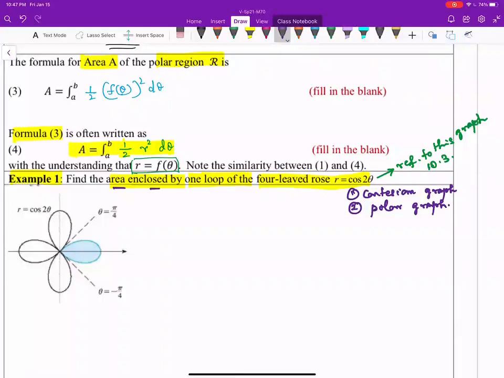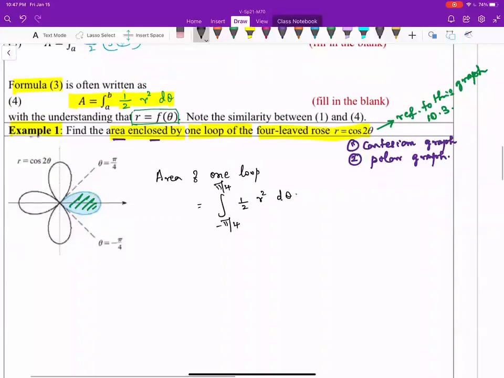Because it's one loop, you can consider that to go from negative pi by 4 to pi by 4. So we are only considering the area inside one loop. The area of one loop is given by integral a to b, here negative pi by 4 to pi by 4, half r square d theta.